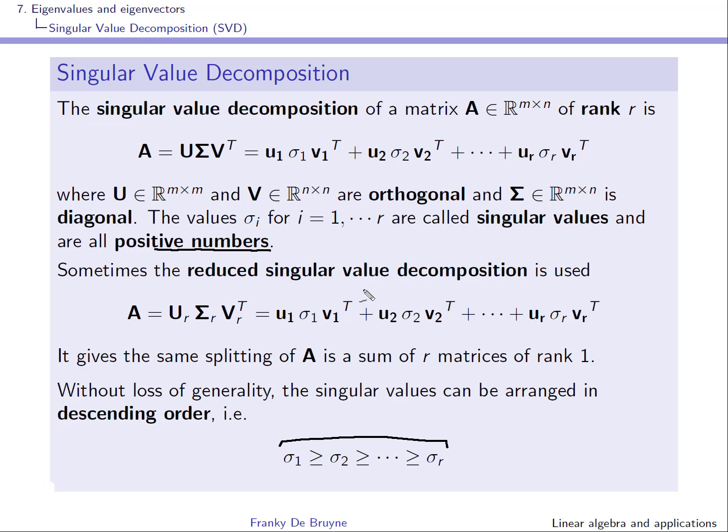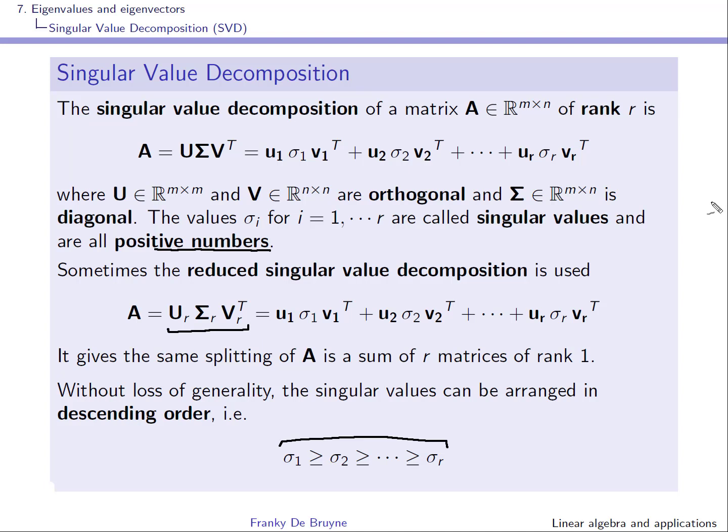Sometimes we use this reduced singular value decomposition that you have over here, and so this means that we are forgetting the m minus r vectors coming from the left null space in U, and we forget n minus r vectors coming from the null space.